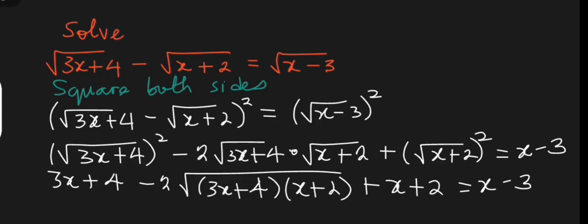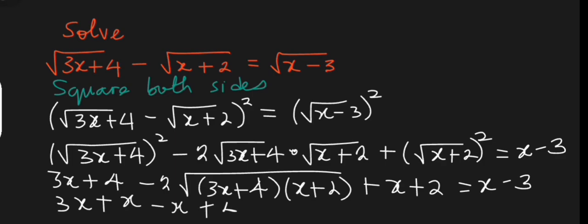Then we tidy things up by bringing the like terms together, while the radical is sent to the right hand side. So we have all the terms in x together, 3x plus x on the left, then minus x when we subtract x on the right hand side from both sides.